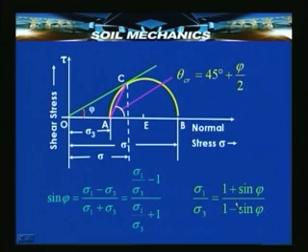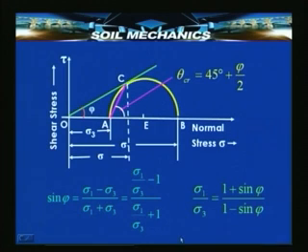From this, we can derive further relationships using the Mohr circle. Suppose this is the Mohr circle, where this angle is defined as theta critical equal to 45 degrees plus phi by 2. We can also use the sine and cosine of this angle phi and show that sine of this angle phi is nothing but sigma 1 minus sigma 3 divided by sigma 1 plus sigma 3, that is equal to this.